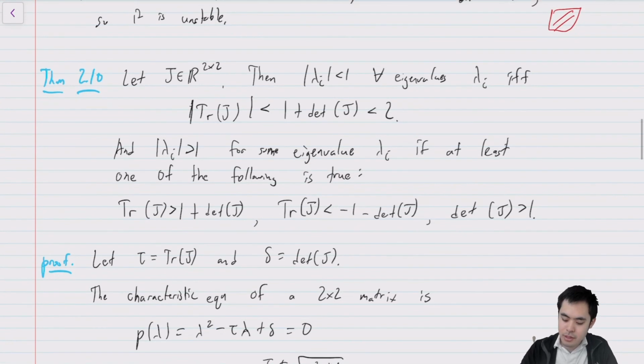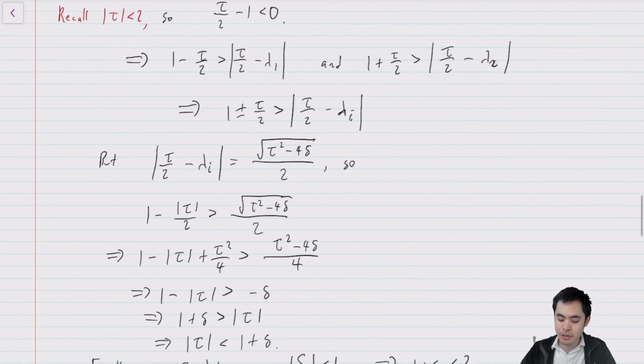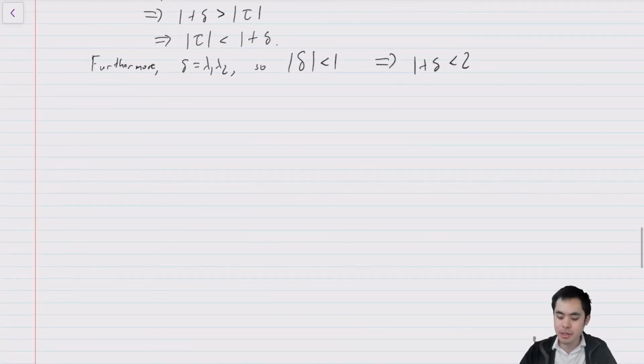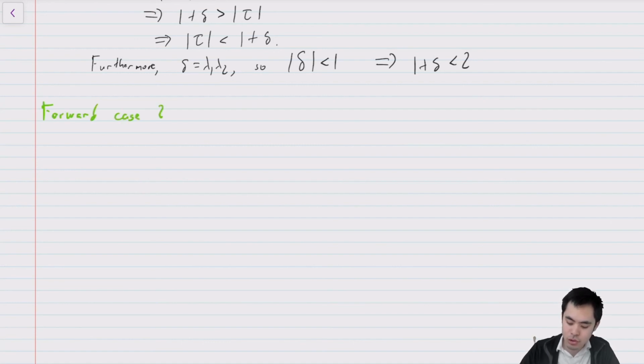That proves these conditions in the case where all the eigenvalues are less than 1 and the eigenvalues are real. Now, we also need to prove the case when the eigenvalues are imaginary, and it turns out we need a slightly different analysis for that. So this is for case 2.